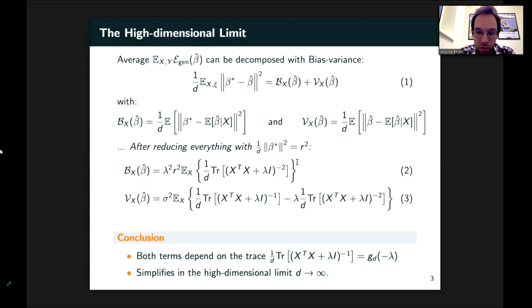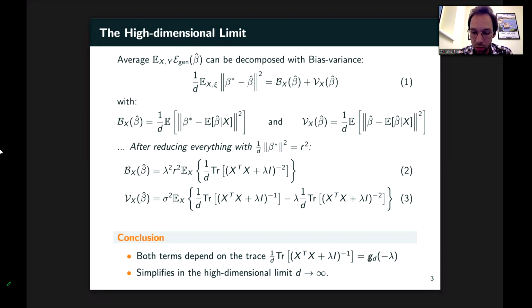For instance, there is a power -2 in the bias term, and in the second term of the variance you have two other terms. What is quite striking is that those two expressions depend on the trace of X transpose X plus lambda I to the -1. If you have the power -2, you just take the derivative with respect to lambda, and you get essentially the same formula. So everything seems to depend on this trace of the resolvent of X transpose X.